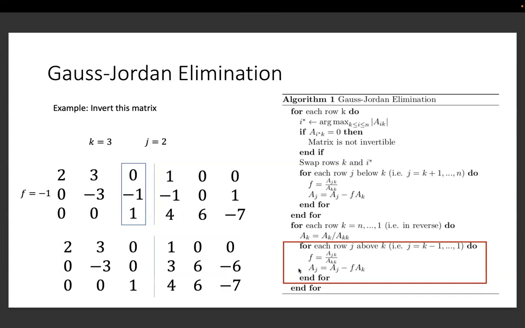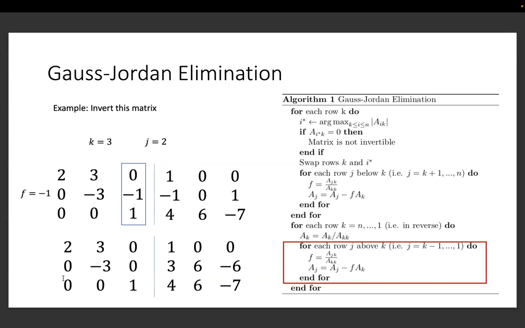And then we need to subtract F times Ak from Aj, and replace the result into Aj. So A2 is equal to A2 minus, no, plus Ak, which is A3.